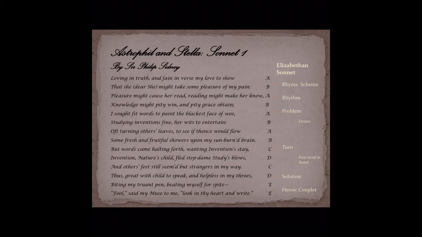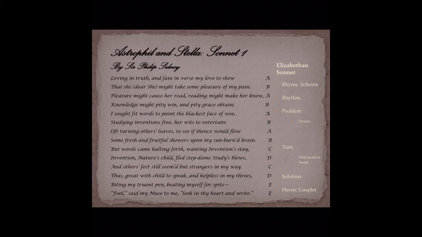In this poem, we have again the octave that introduces a problem and the sestet with the volta at the beginning of the sestet. The conceit in this poem is not quite as evident as in the other one.